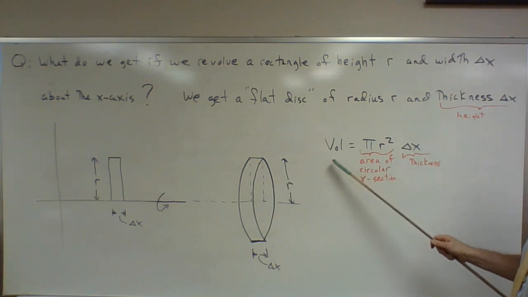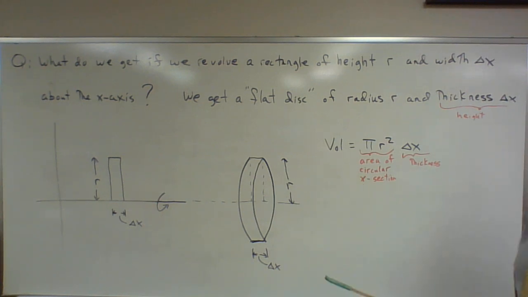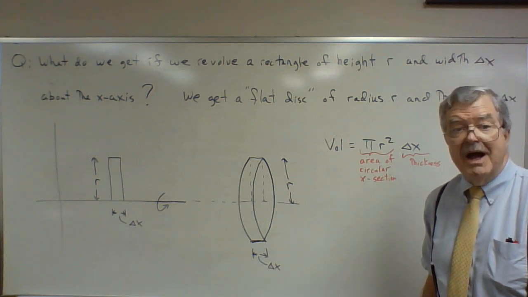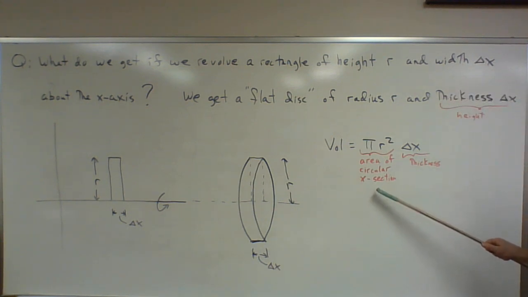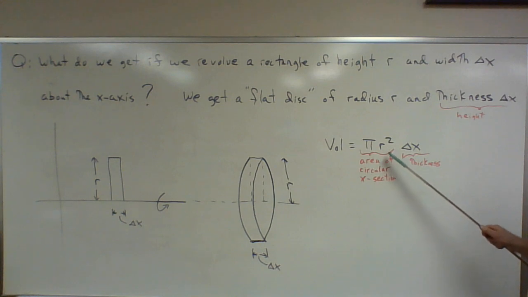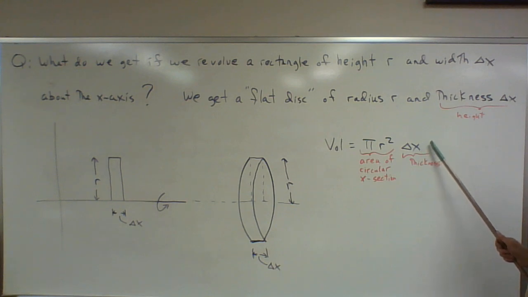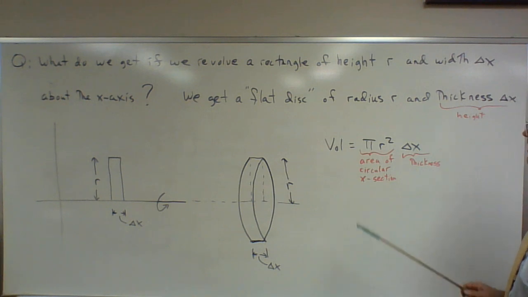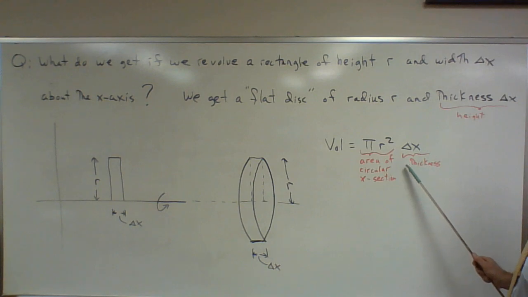And the volume is going to be the same as the volume of a column: the area of the circular cross-section, pi r squared, times the height or thickness, delta x. From now on we're going to say the volume will be the area of the circular cross-section times delta x or times delta y, whichever one it is.